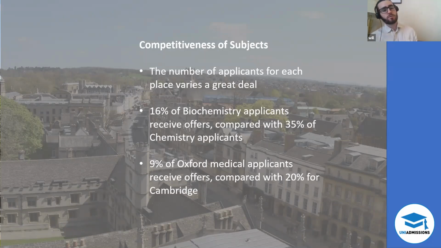Cambridge interviews so many of their applicants that often they'll interview you when other medical schools won't. Places like Imperial and UCL only interview about a third of their candidates, so a bit more in line with what Oxford does. Oxford is a bit stricter. Cambridge interview way more.